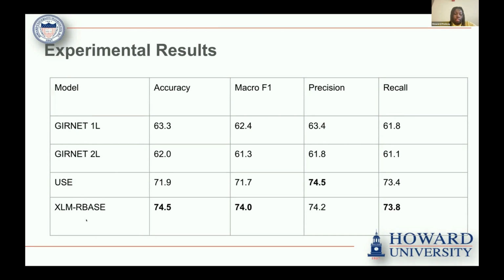But our XLM Roberta based model was able to perform the best and outscore GERNet by over, I believe, 11%, with accuracy at 74.5%, macro F1 at 74%, precision at 74.2, while lower than USE, still very close and similar, and then recall being higher at 73.8%.